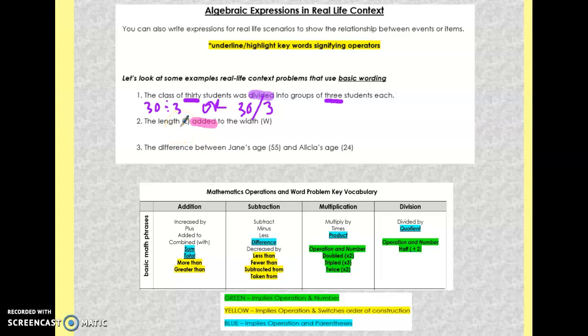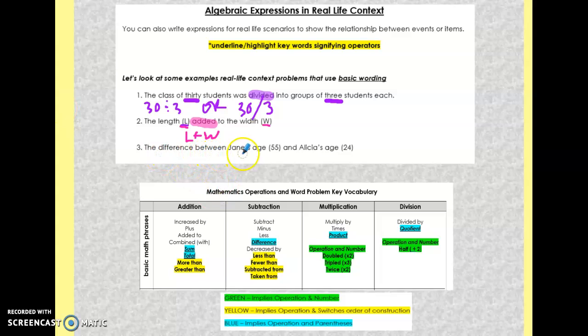So anytime we don't know a number, we often use a variable, which in this case, it gave us the variable L. And we're going to add it to the width, which again, we don't know the exact measurement, but we could use a variable to represent that. So to write our expression, we have L added to W. So L plus W.